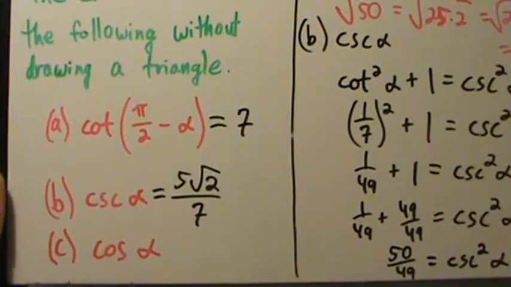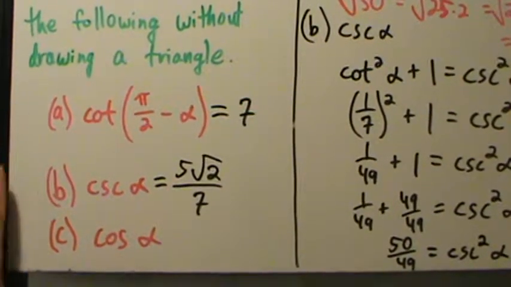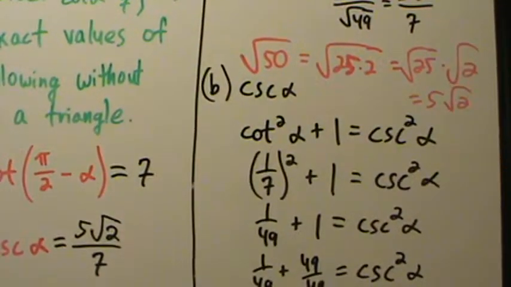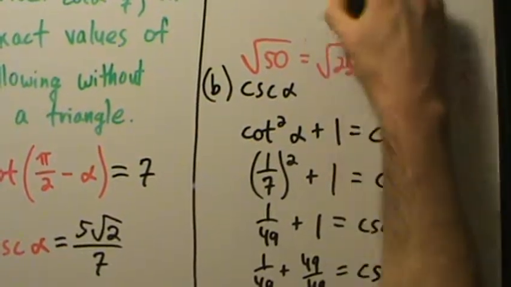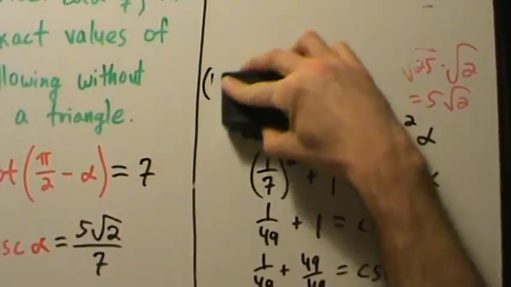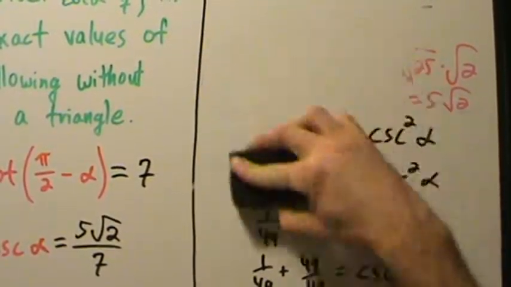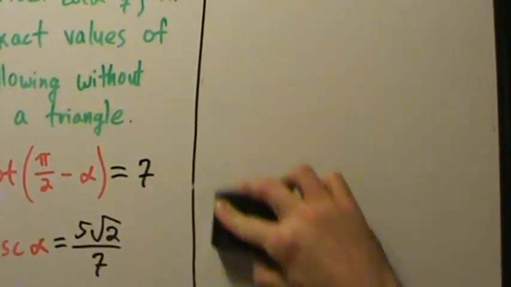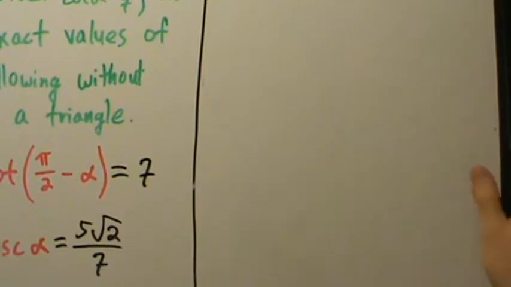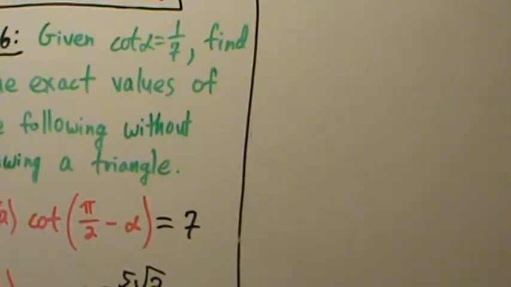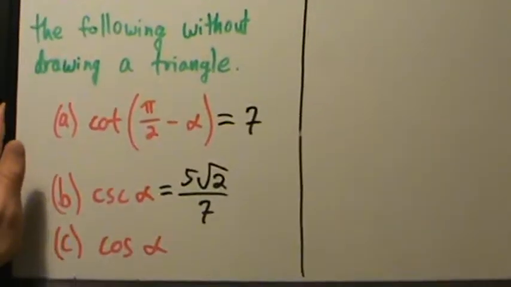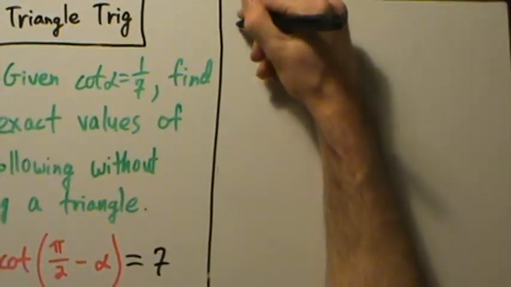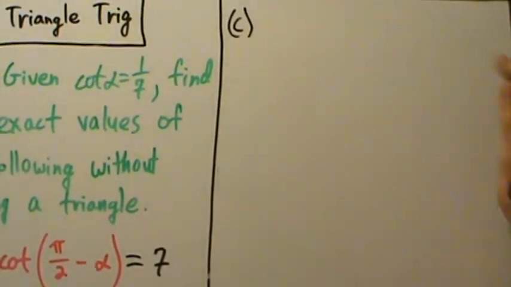Okay, so last is cosine of alpha, so that's going to be part C, cosine of alpha. So we'll erase all this over here. Okay, so for cosine of alpha, a couple different ways we can go. So cosine of alpha.